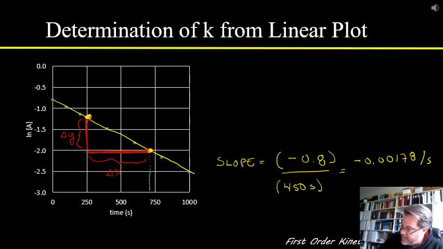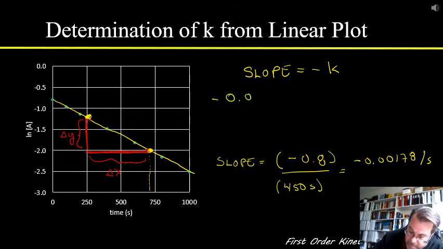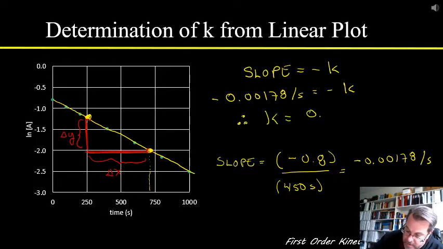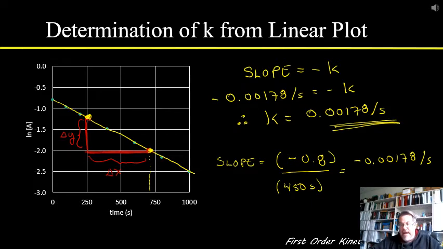So remember that the slope is -k, so -0.00178 reciprocal seconds equals -k, and therefore k equals 0.00178 reciprocal seconds. Okay. And that is essentially the same value that we had yesterday.